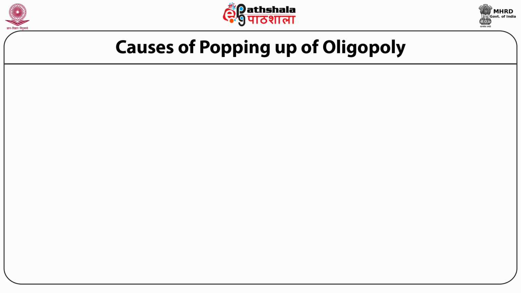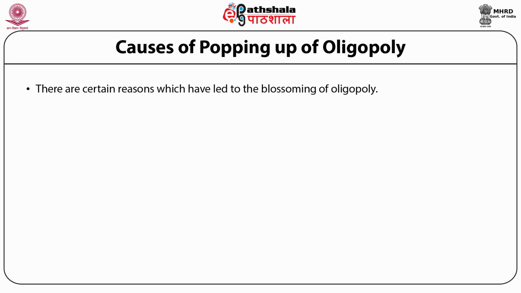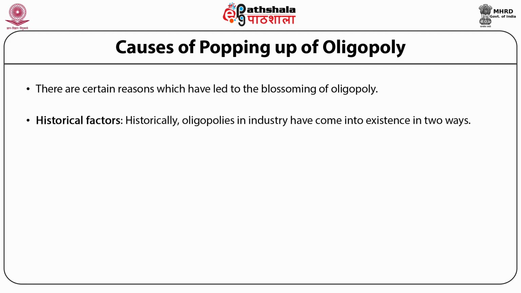Causes of popping up of oligopoly. There are certain reasons which have led to the blossoming of oligopoly. These are historical factors. Historically, oligopolies in industries have come into existence in two ways.